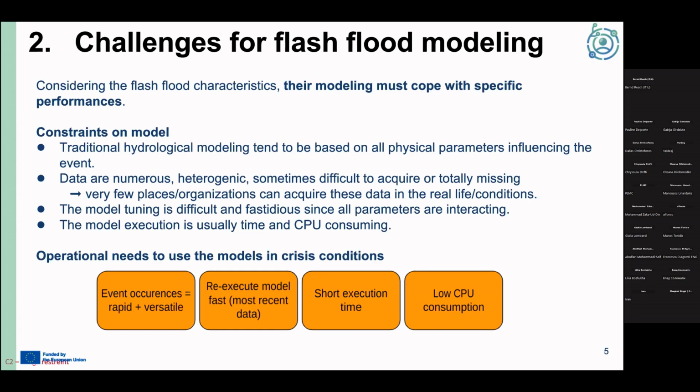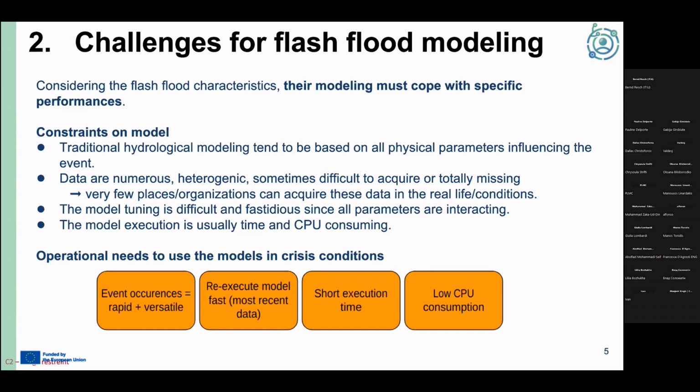Because we have two difficulties. Either we are in a place where we cannot have the data because it's not available. For example, in some places in the world we cannot have a digital elevation model at a high resolution. Or also sometimes organizations or cities don't want to give us some information, for example, topographic information or weather situation.